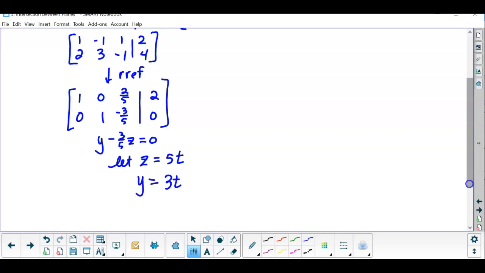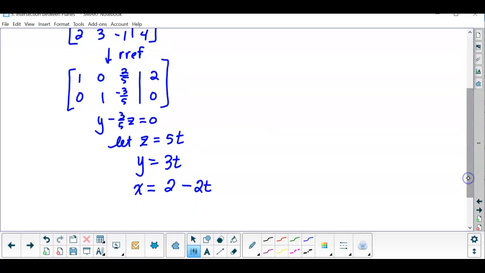So then y equals 3t. And then x equals 2 minus 2t. I'm going to call this R1 for the first line of intersection.